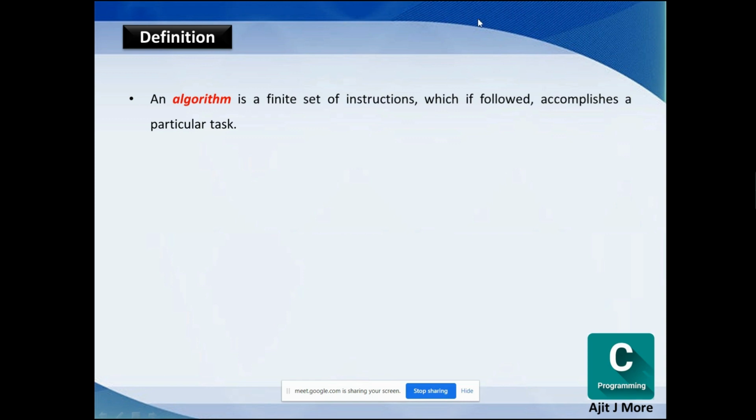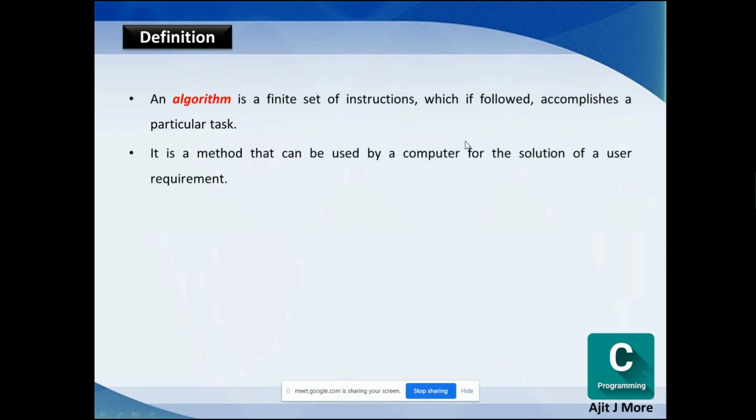So an algorithm is a finite sequence of instructions which, if followed, accomplishes a particular task. Whatever your goal is, the task means your problem, and to achieve that task you write a detailed sequence of steps, and these steps if followed give you the result.